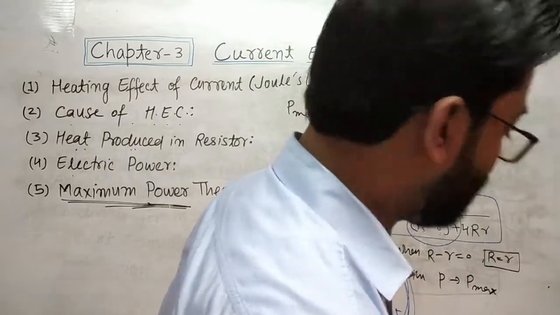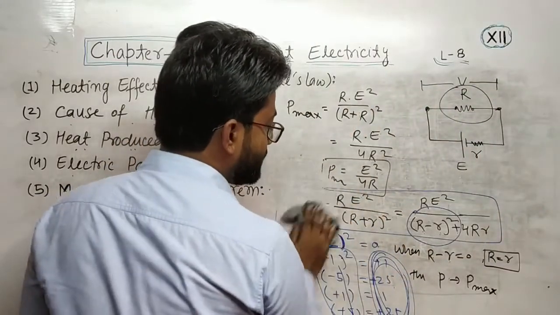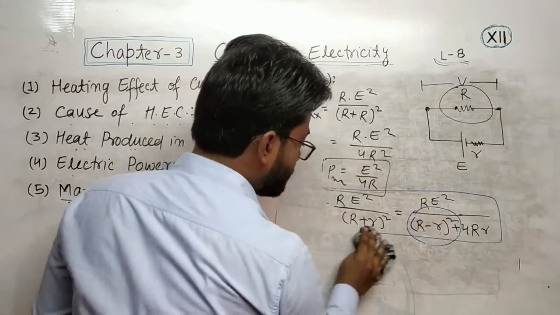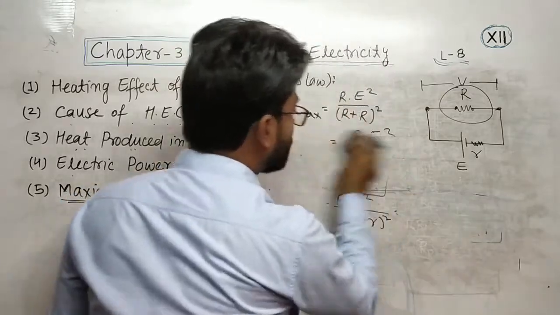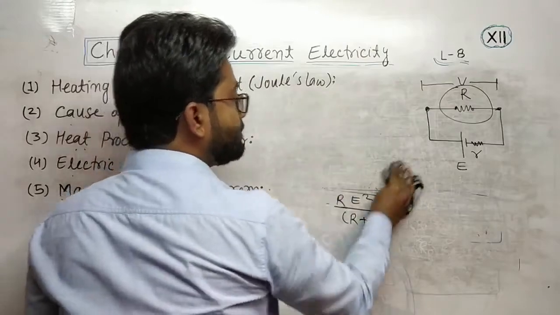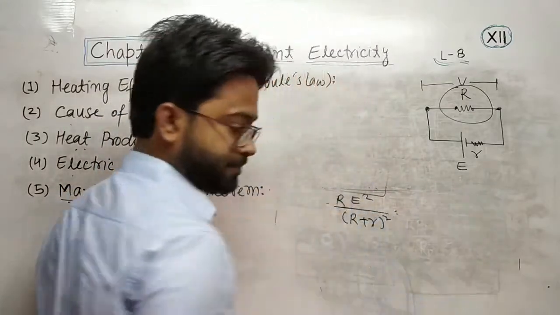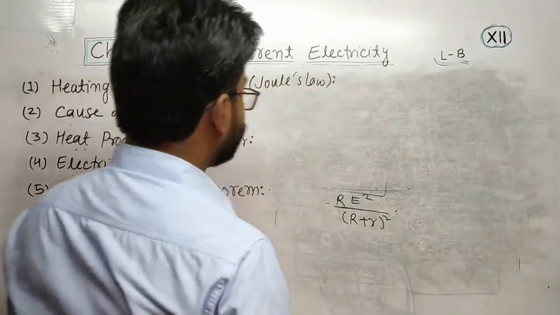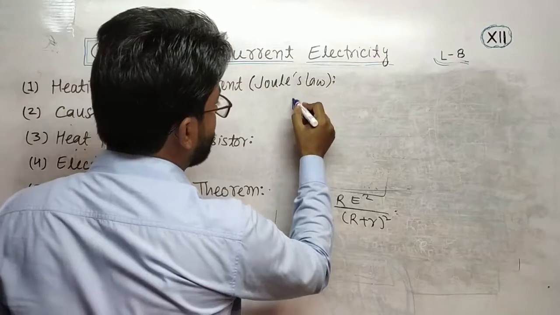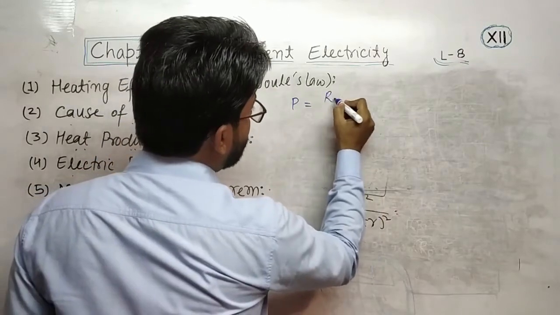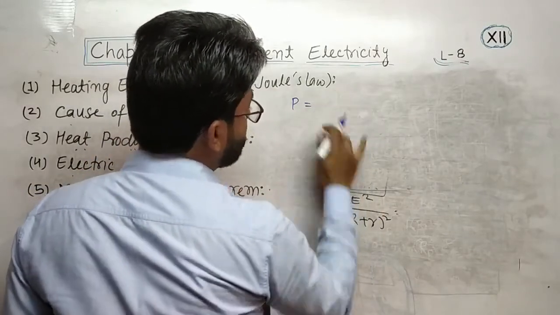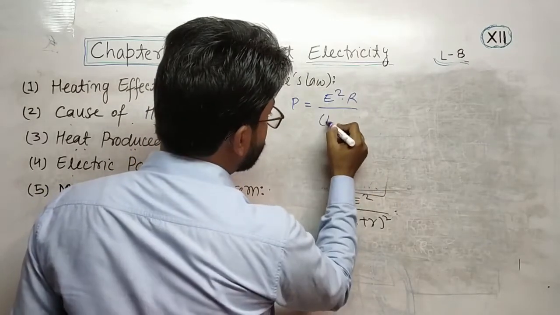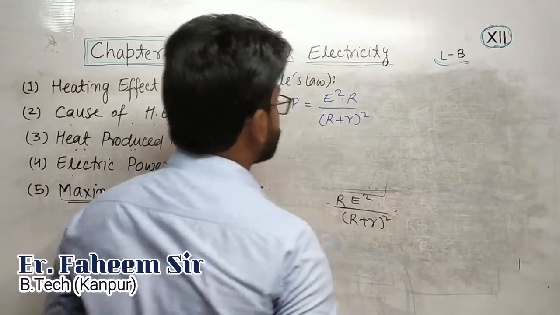If you go through the calculus method, then how will you calculate? Okay. Formula of power is E square R upon (R plus r) whole square.